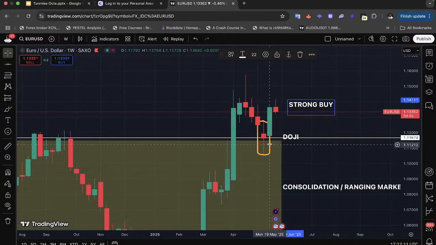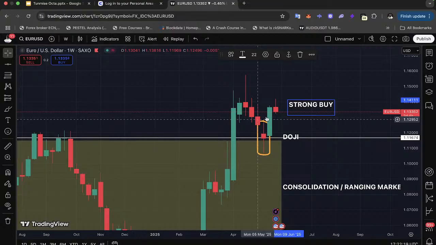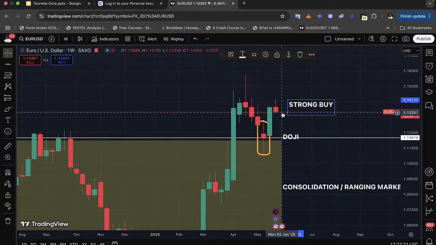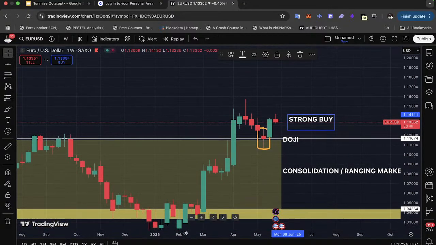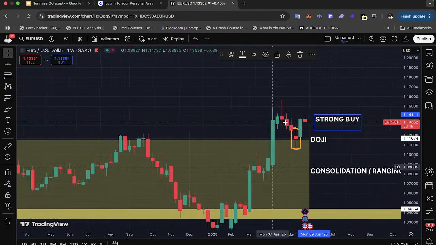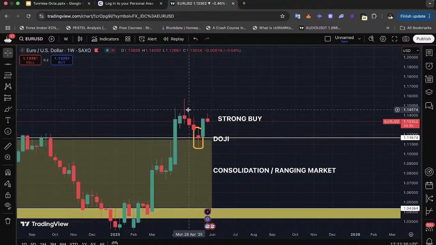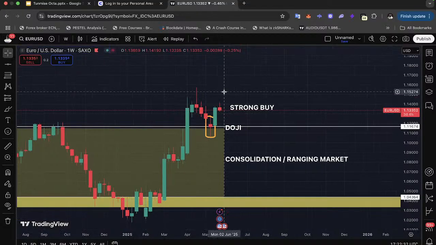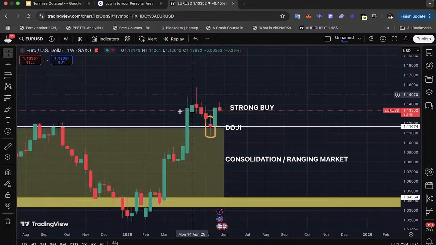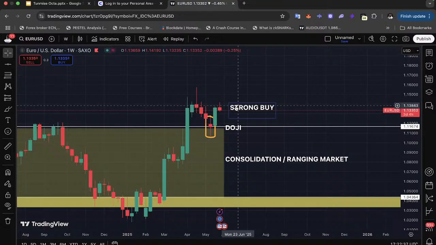Now you can see the candlestick confirmation that followed, the fully bodied candle that closed above the doji. Now this is a strong buy. The probability of making profit on this trade is higher because of the confirmation we have here. This is a strong confirmation.